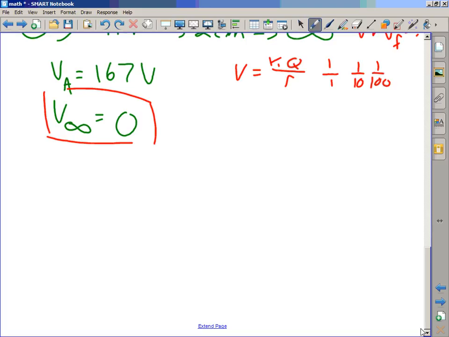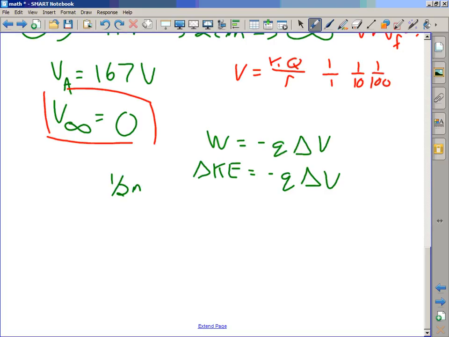That's just this. Work equals negative Q delta V. That's change in kinetic energy equals negative Q delta V. 1/2 m v final squared minus 1/2 m v initial squared equals negative Q delta V. Once again, we can assume the initial velocity is 0.